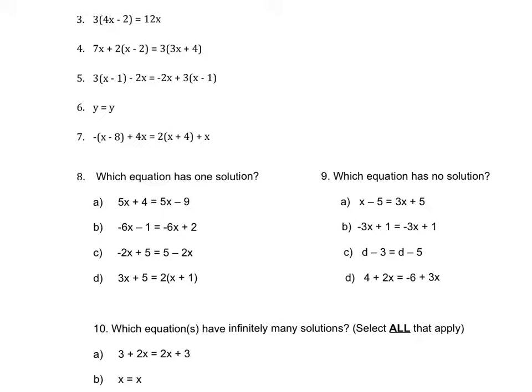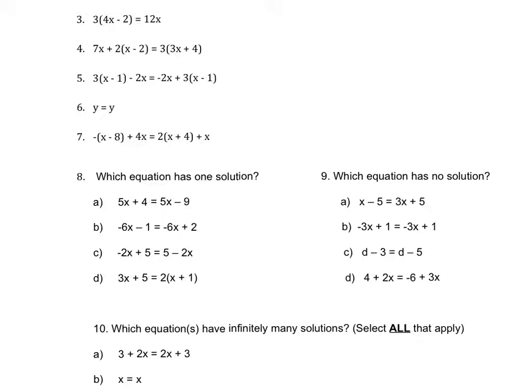Okay, I'm going to clear up my parentheses first. On the left side, that negative sign, there's an understood 1 there, so it's like negative 1 multiplied by the parenthesis. So we're going to do negative 1 times x is negative 1x, and then negative 1 times negative 8 is a positive 8, or plus 8.